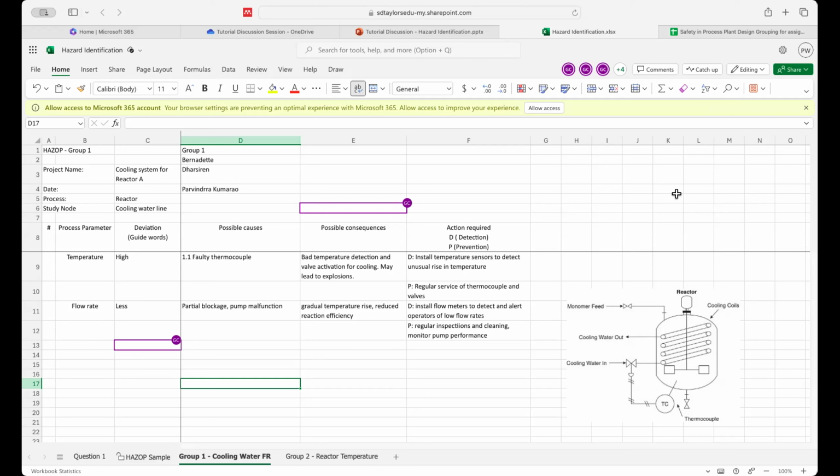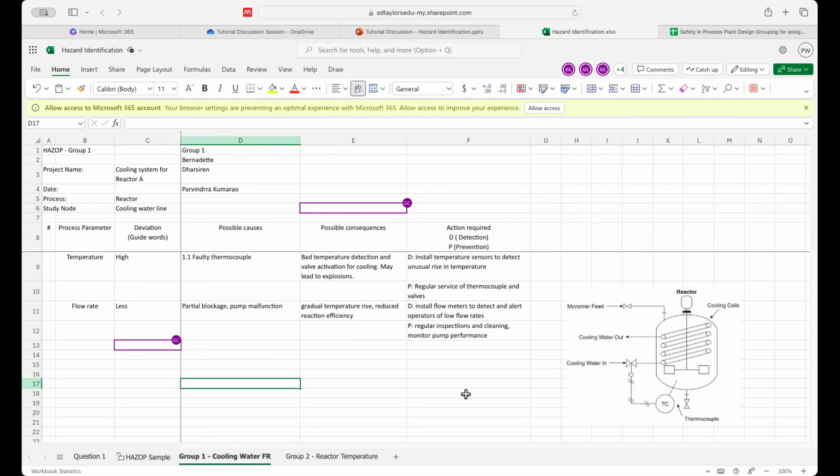So high temperature or low temperature: it's supposed to come in at 10 degrees Celsius, but it comes out even lower than that. If we look at each one of the deviations, you'll notice that your HAZOP analysis becomes huge. Anyway, what we are practicing here today is just so that you know, okay, this is how I can do HAZOP analysis.